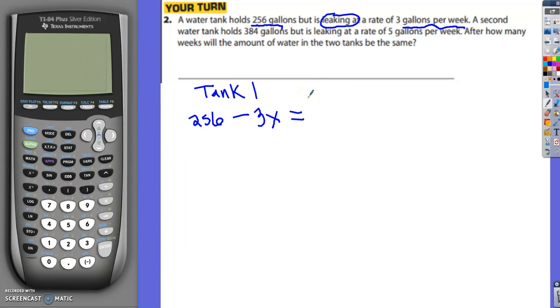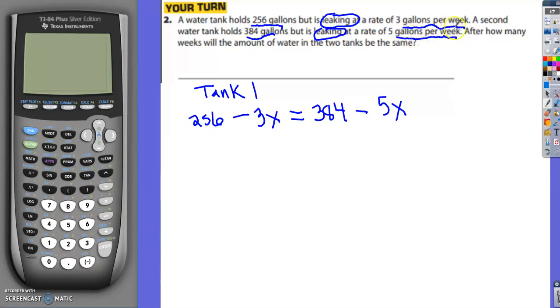A second tank holds 384 gallons. That's the initial value of the tank. But it's also leaking at a rate of 5 gallons per week. So once again, we have a negative vocabulary word, so we're going to be doing minus 5x.